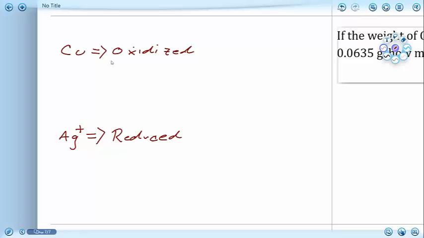The copper metal also served as the reducing agent, because it was the material that was doing the reducing. Another term for the reducing agent is the reductant.